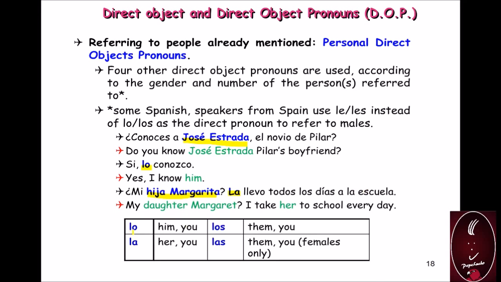Lo can be replaced with him or you. La, her or you when referring to the usted form. Los, them or you when referring to the ustedes formal, and las, them or you for the ustedes feminine only.